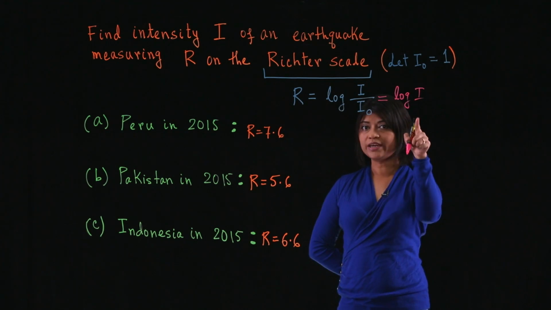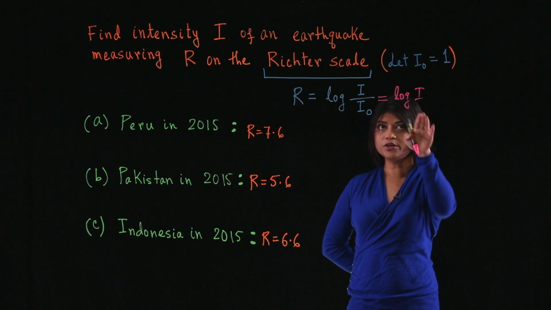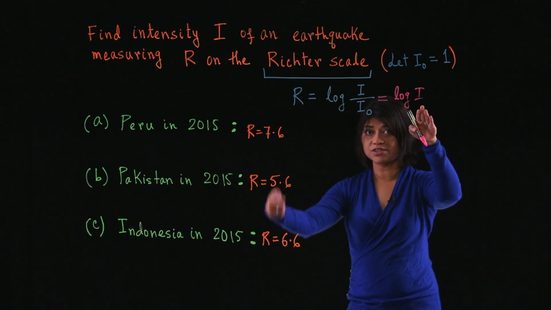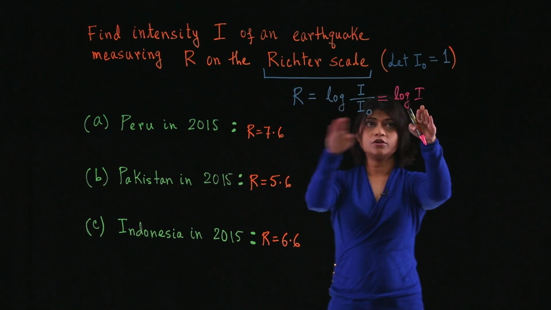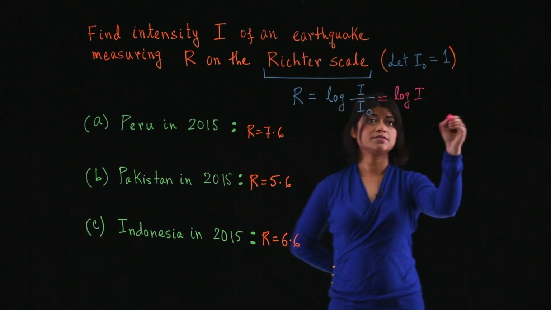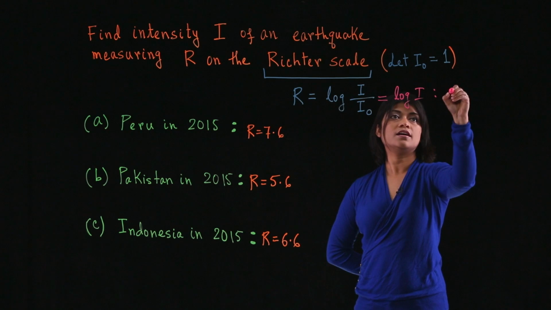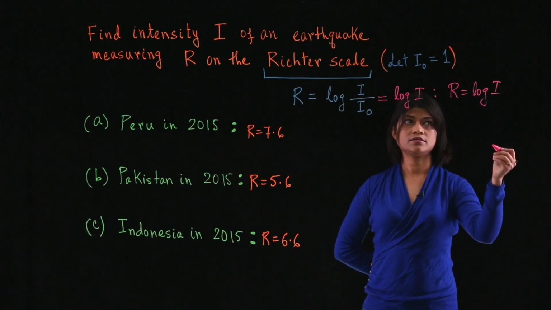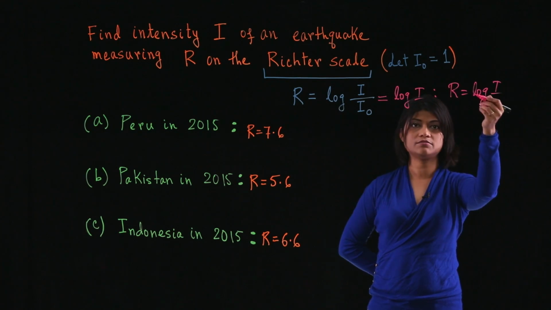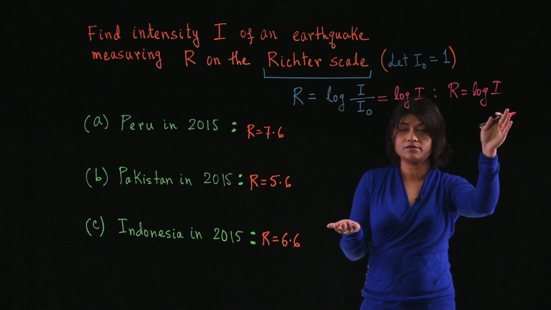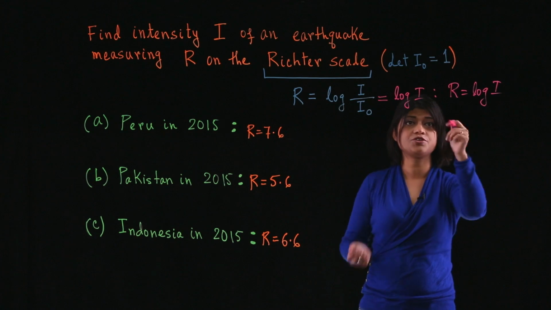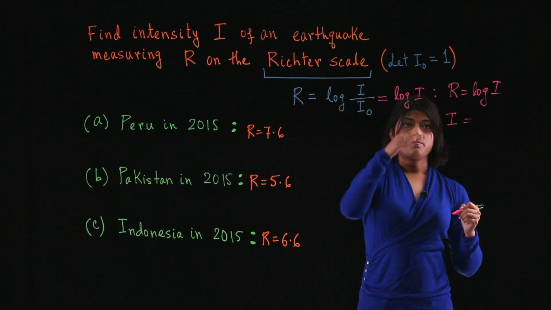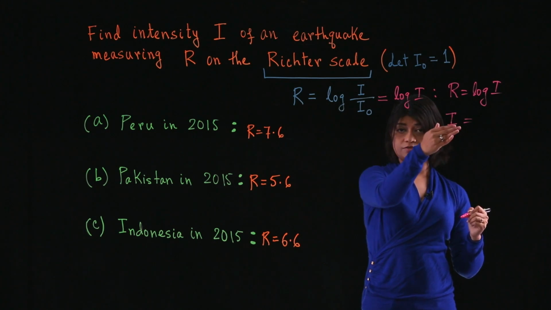What do we have to solve for? We have to find I when R is given for these three different countries. So our equation is R equals logarithm of I, and we solve for I. Since it's a logarithmic equation, we use the inverse of the logarithm.